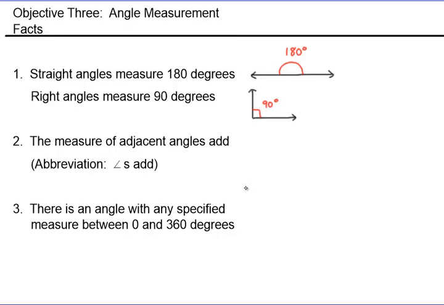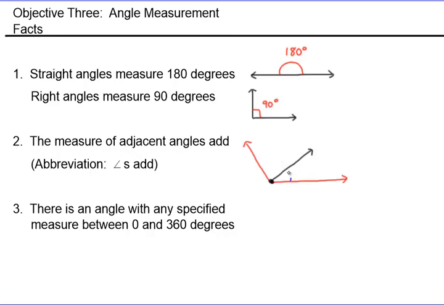The next fact: the measure of adjacent angles adds up. Okay, what that means is this. If I have two adjacent angles, so here's my big angle, and I want to draw a line in here. Adjacent angles, remember, are two angles that are basically side by side. They share a side and a point.